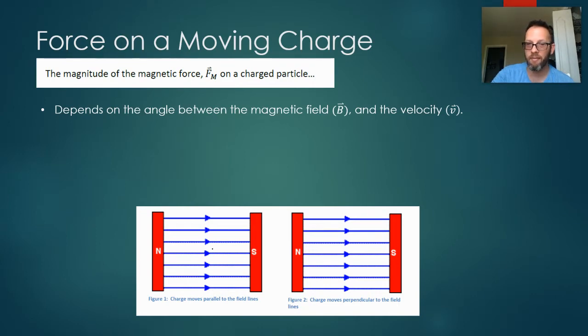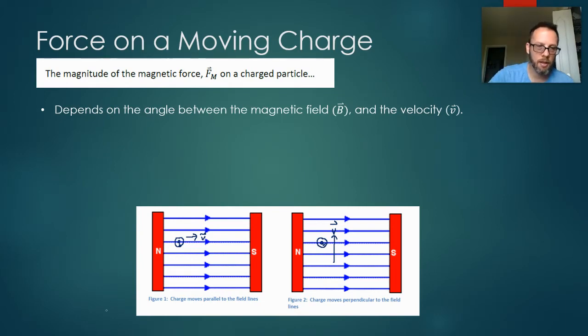In this first illustration, let's say we have a charged particle Q, and it's moving parallel to the magnetic field. It's going to experience a different force than the same charged particle moving perpendicular to the field. And this is where we're going to talk about that difference.